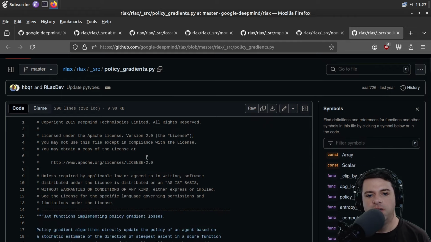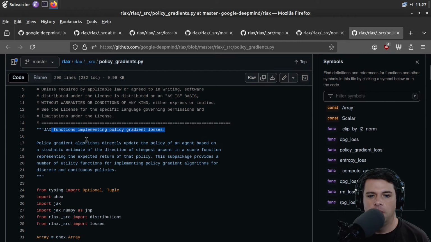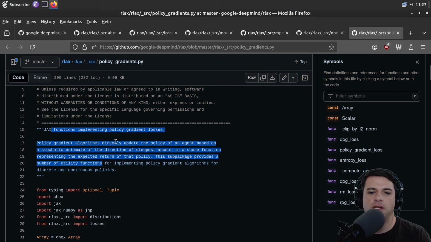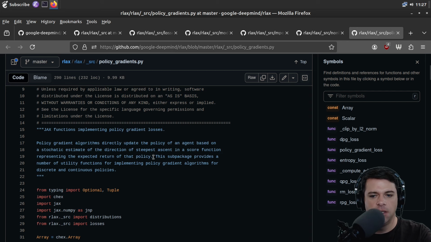And then we have policy gradients. And this is JAX functions for implementing policy gradient losses. Policy gradient algorithms directly update the policy of an agent based on a stochastic estimate of the direction of steepest ascent in a score function representing the expected return of that policy. Okay, so that means we're basically doing gradient ascent.